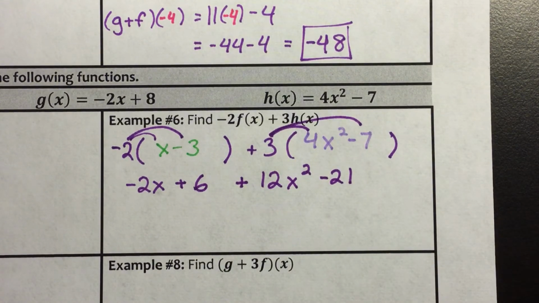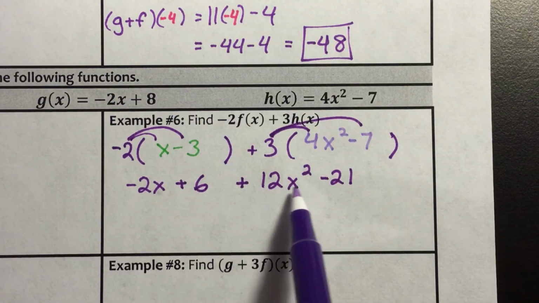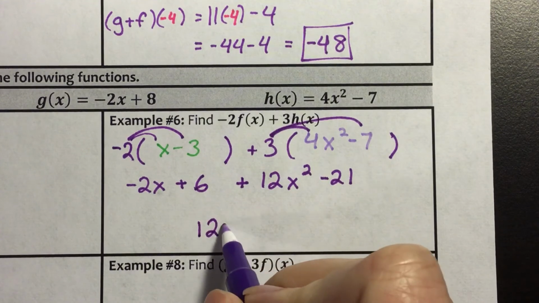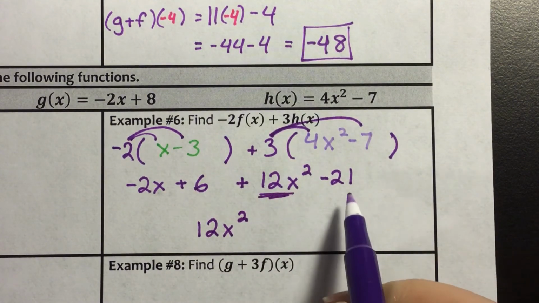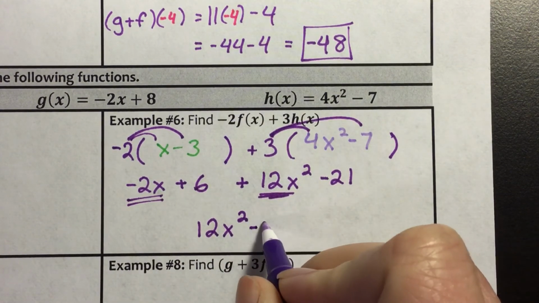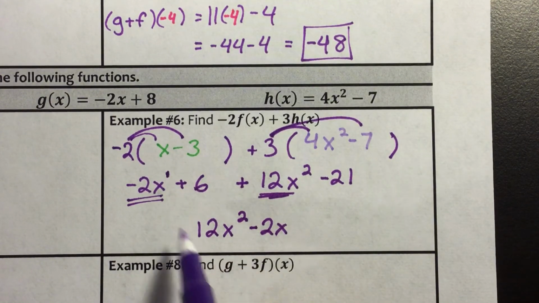Let's combine like terms. We want to put this in standard form, so we scan and find the biggest exponent, which is a 2. So 12x squared is going to go first. Okay, so that was this guy. Negative 2x is going to go second because it had the next biggest exponent, which is an invisible 1.